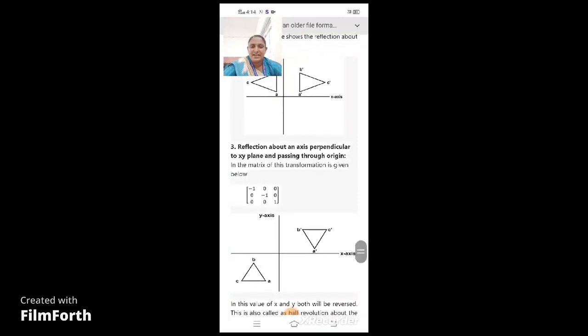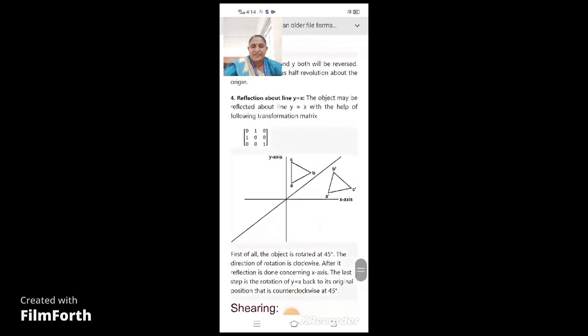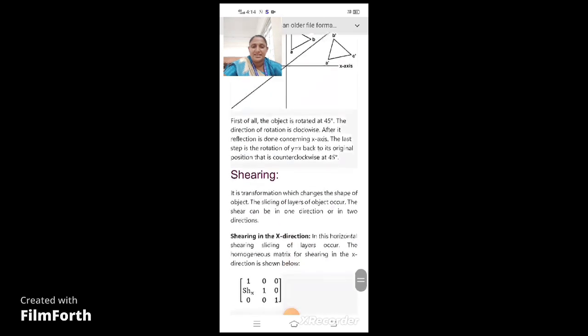Then next one is an inversion image that is perpendicular to the plane, that is, it will be viewed in an inverse case, that is called perpendicular to the xy plane. Then next one is y equal to x, means the object which is looking in one case will be reflected in another case, that is called reflection.